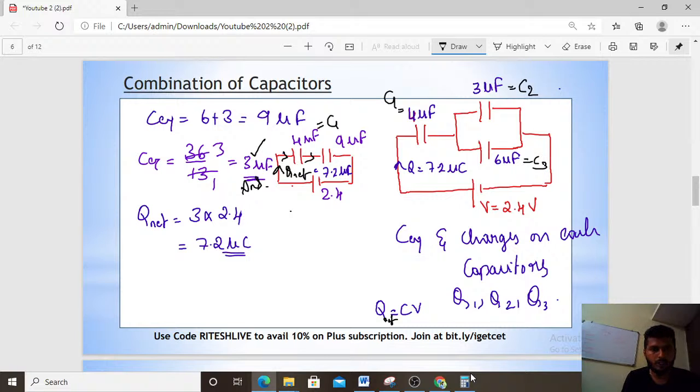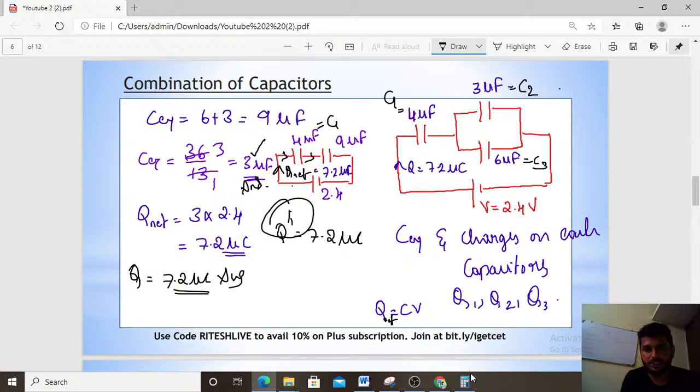Q1 will be 7.2 microcoulombs. So this is another answer. Q1 I got, and even Q dash is also 7.2 microcoulombs. But I don't want Q dash, I need Q3 and Q4. So the charge here will be 7.2 microcoulombs.